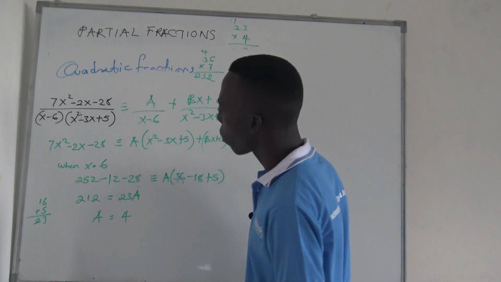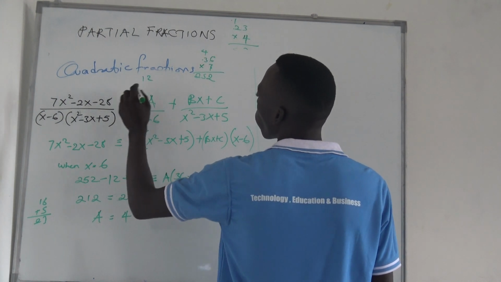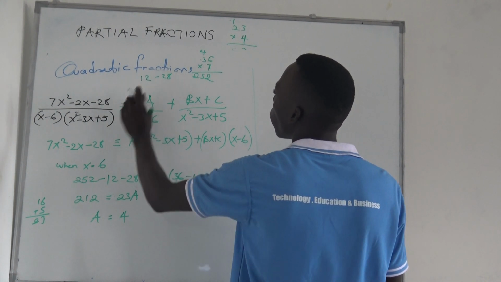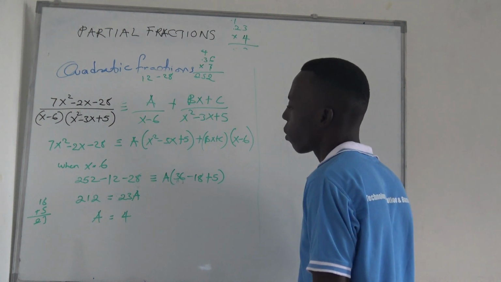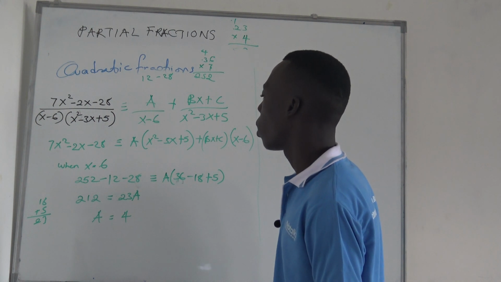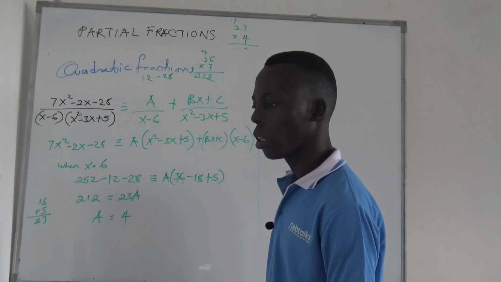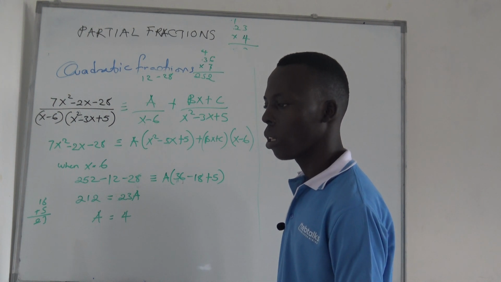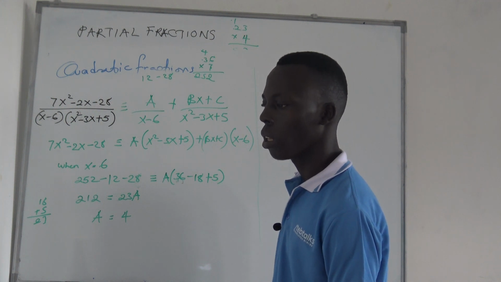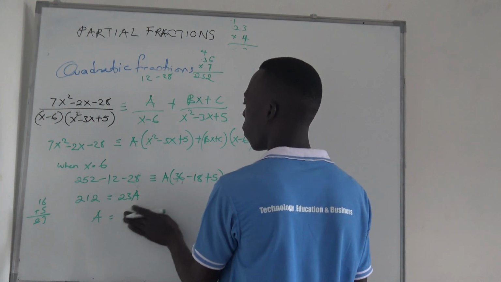After subtracting 12 and minus 28, this gave us 212. So it is not 4.